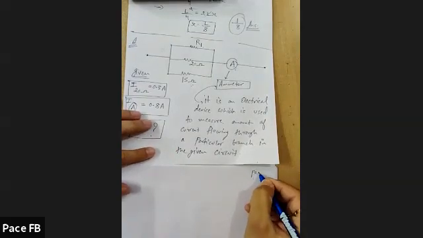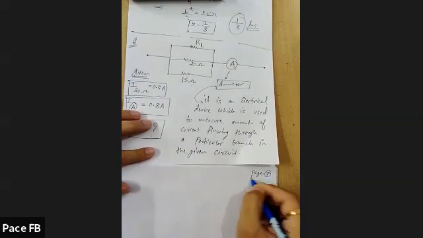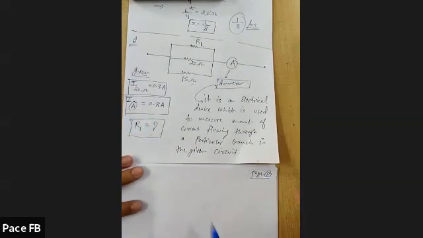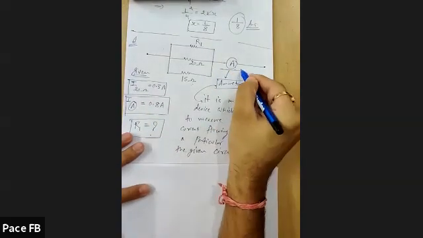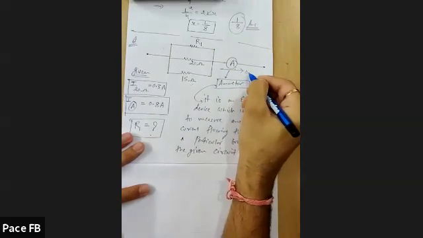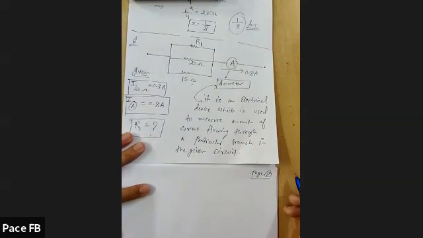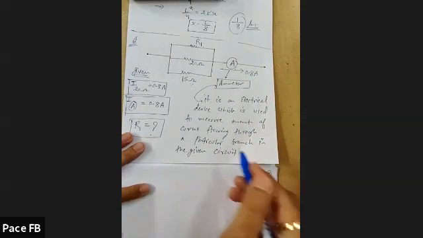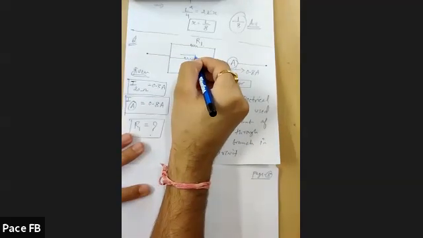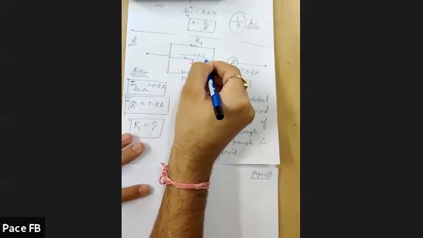In this question, the ammeter reading is given to us. The ammeter reading is 0.8 ampere. Now the current passing through the 20 ohm is also given. It is 0.3 ampere.